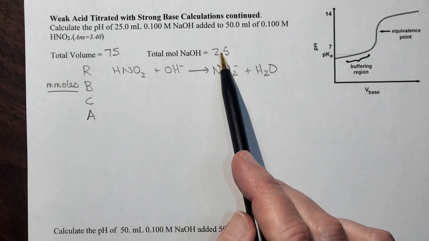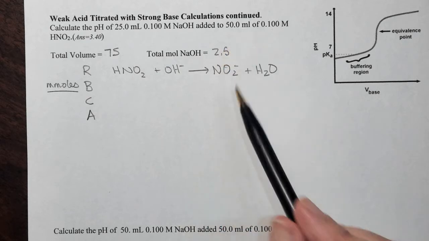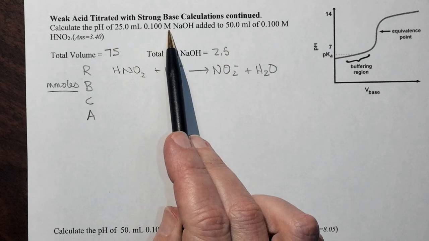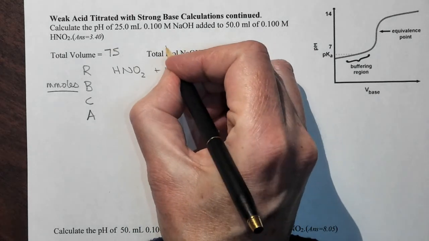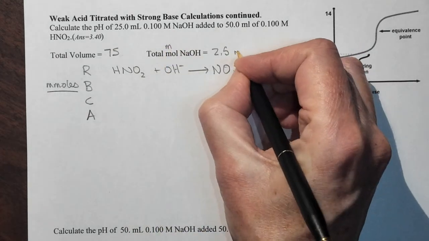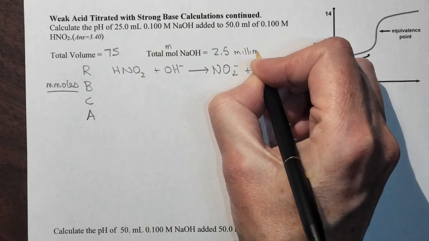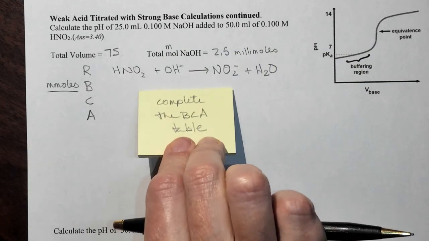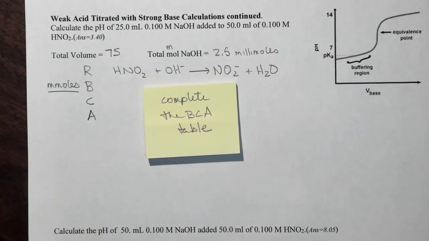Our total moles of sodium hydroxide is 2.5, so that's 25 mL, 0.1 molar, and this is millimoles, so let's write that out, millimoles. So what I want you to do is to complete this BCA table here. Pause the recording and complete it.